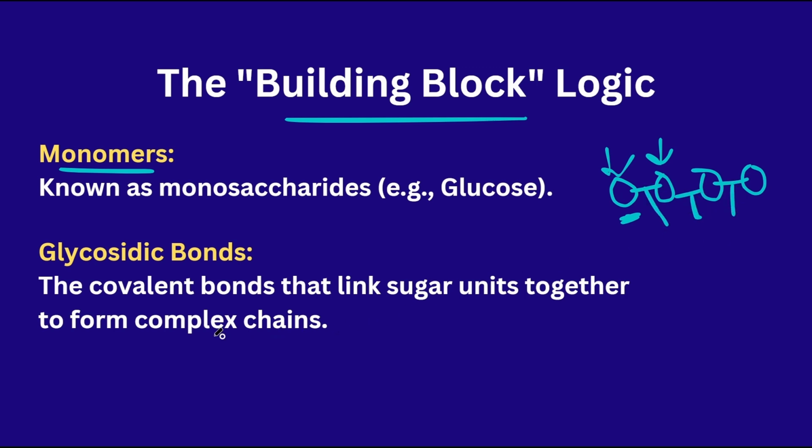This bond is called the glycosidic bond. It is a covalent bond present between the sugar units. These two sugar units are bonded with the glycosidic bond, and this complete structure is the carbohydrate structure. This chain will form the complete carbohydrates.